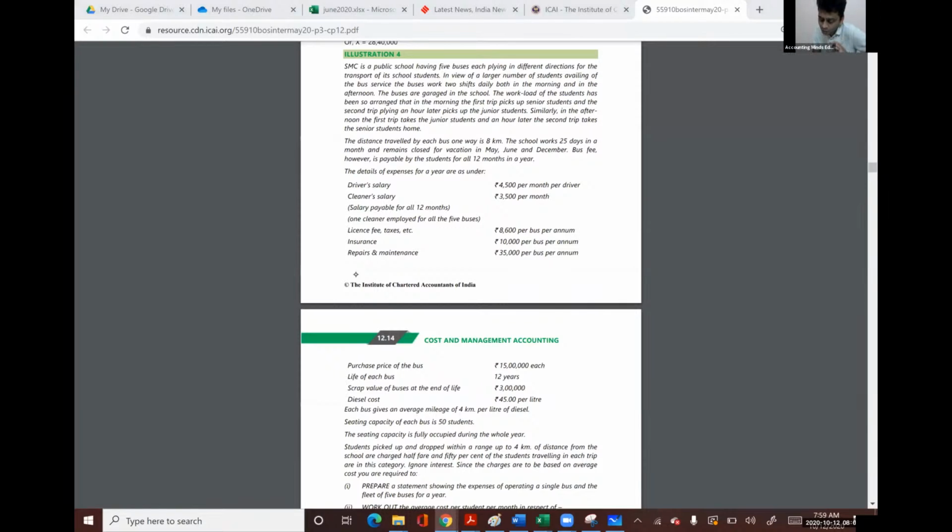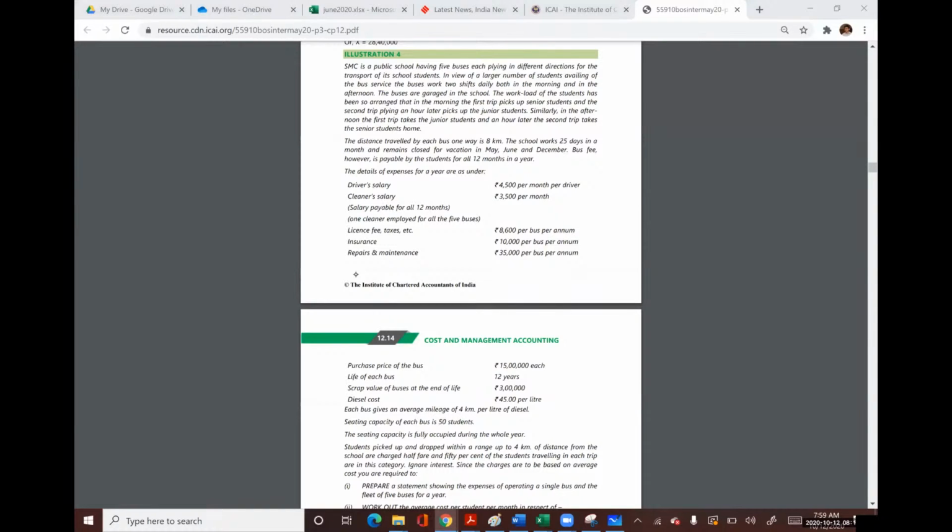What are you finding out? Cost of the diesel. Cost of the diesel depends on what? Kilometers, or is it based upon the number of students? Kilometers, sir. How many kilometers you are traveling, that is the only basis.